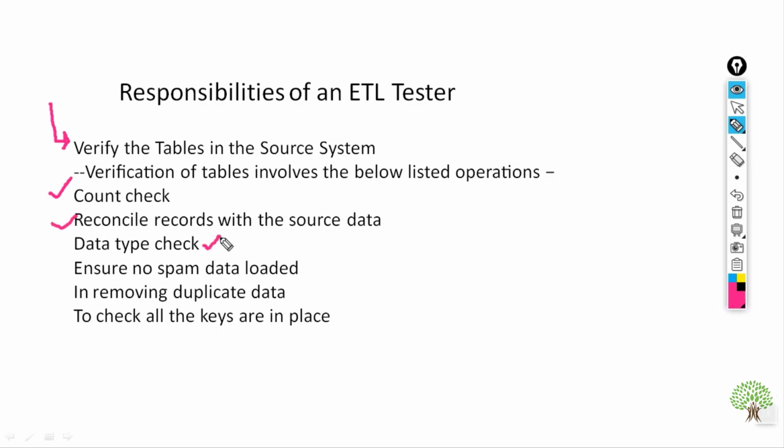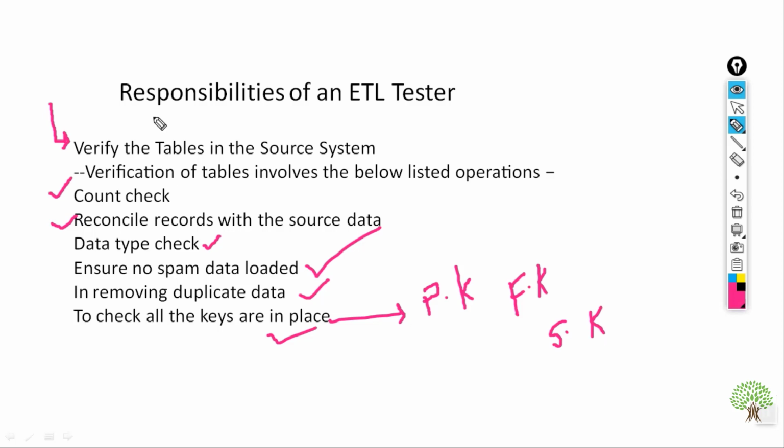We need to perform data count or data type check. We need to ensure that no spam data gets loaded. We remove the duplicate data and check that all the keys are in place. What do we mean by these keys? That means primary key or foreign key or any other surrogate key. Okay. So I'll explain all these points with an example. Let us go through all of them.